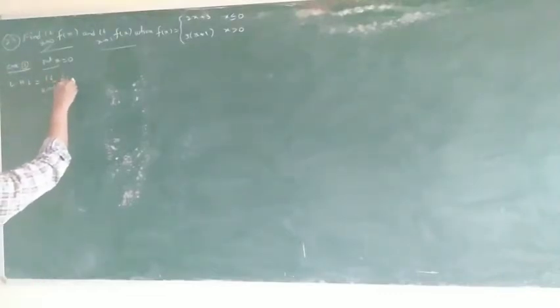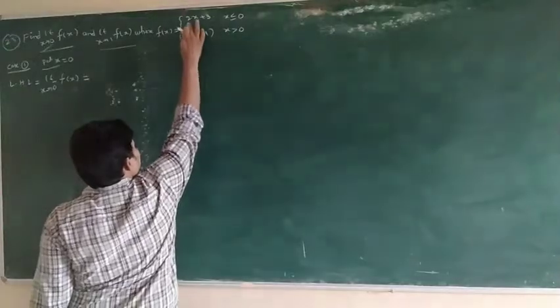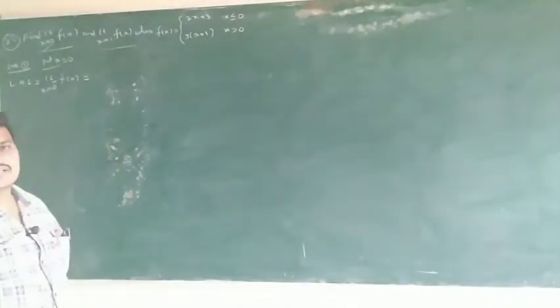Left hand limit at x equal to 0 means 0 minus, f of x. What is the difference between 0 minus and 0 plus? We have to decide the function first. This is the main one. In 2 functions, which function do you have to calculate? First function or second function or both?